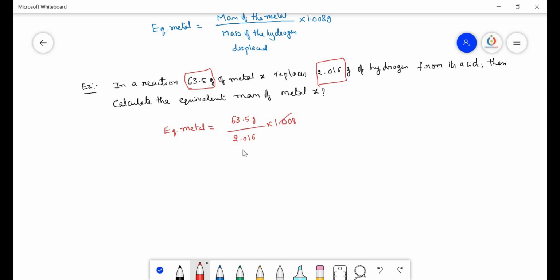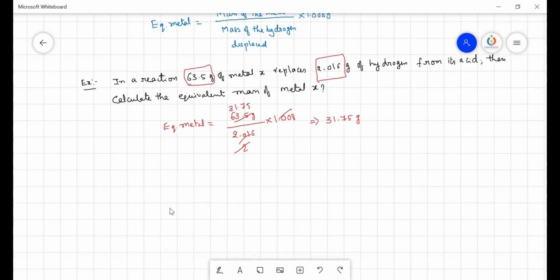So it is almost 2 in the denominator, and it comes to almost 31.75. So the answer is, the equivalent mass of that metal is 31.75 grams. This is the equivalent mass calculation using the hydrogen displacement method.